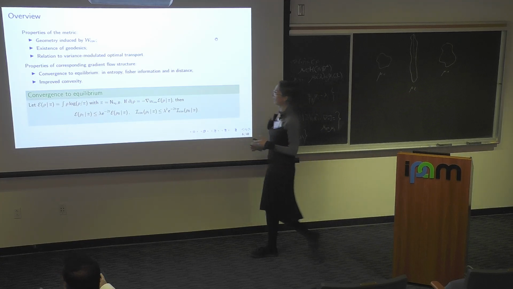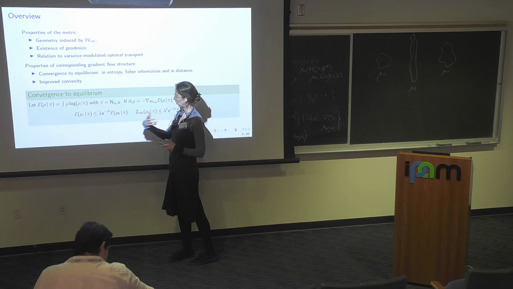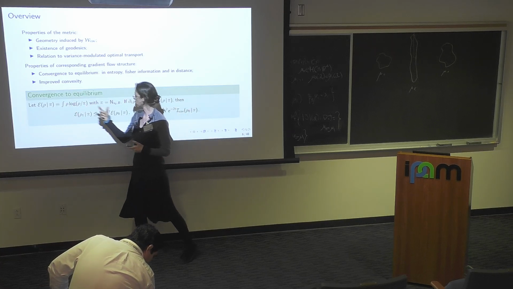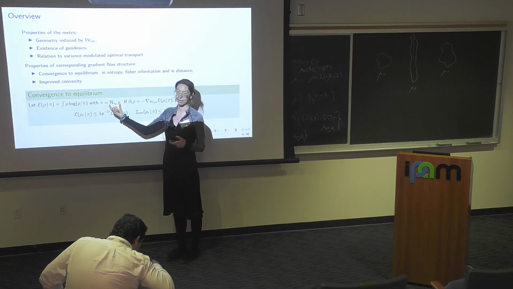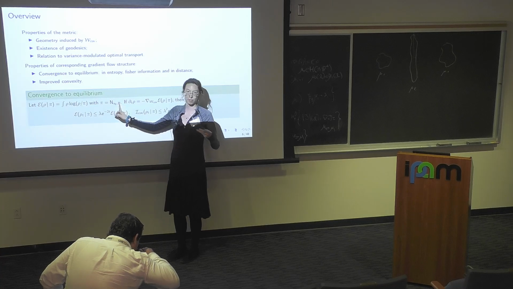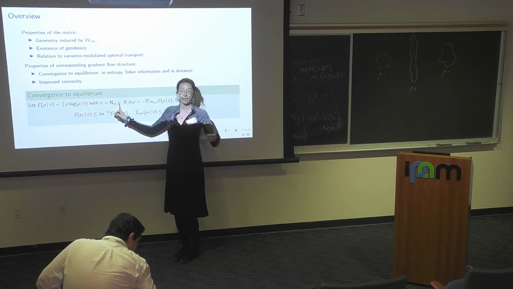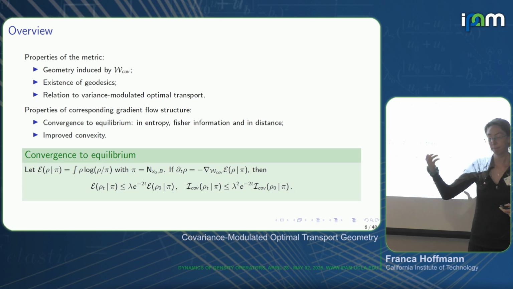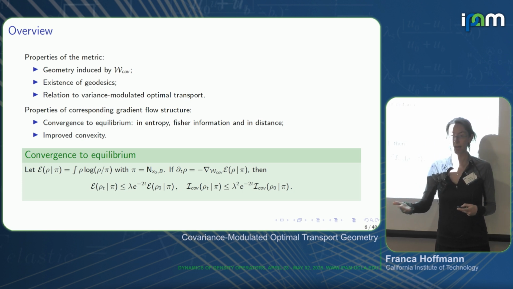So this is the relative entropy, right? If my target is just a Gaussian, where B is just some fixed covariance matrix of the Gaussian, then I can look at the lower bound on the spectrum of the inverse of B, and that will give me the rate of convergence, right?